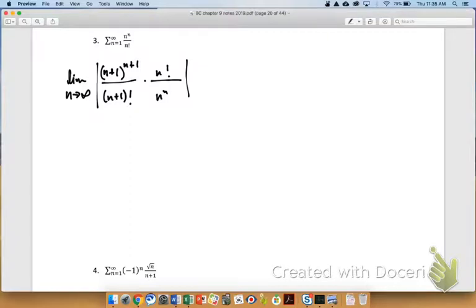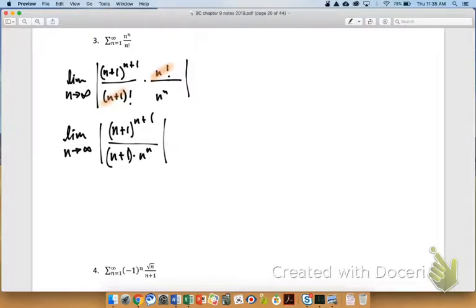Would you guys be okay if I canceled this with this and got limit as n goes towards infinity of n plus 1 to the n plus 1 over n plus 1 times n to the n? And that's really that exact same pattern we had earlier in class with the factorials.